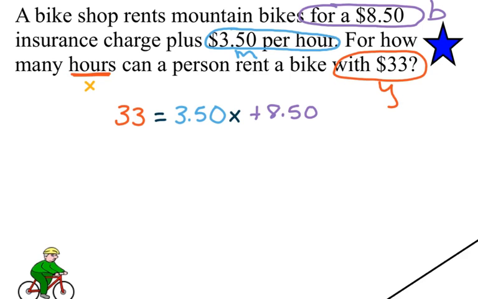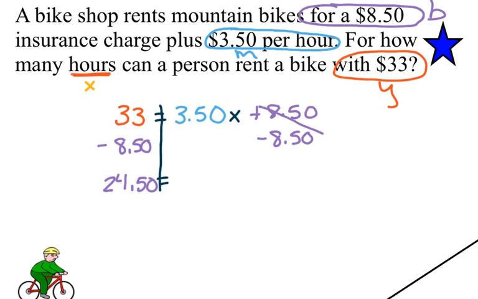So this time it becomes a two-step equation. So if you remember, we can use that Great Wall of Algebra. I'm going to subtract 8.50 on both sides. So 33 minus 8.50 would give us 24.50 equals 3.50x.